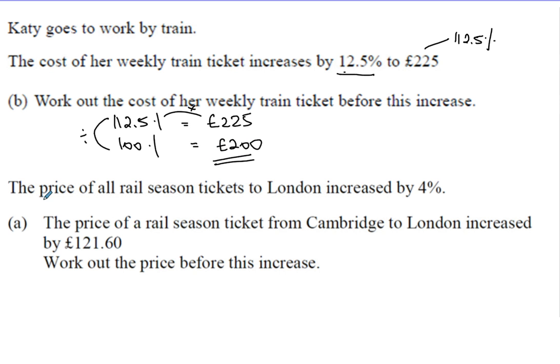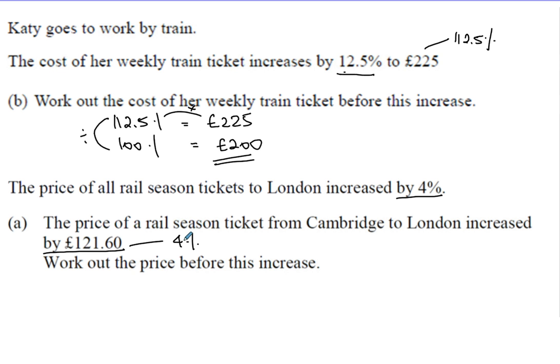Okay? Now look at the wording on this one. It says the price of all rail tickets increased by 4%. The price of a rail ticket increased by. So here, that is not your 104%, it's actually your 4%. Because it increased by 4% and it says increased by £121.60.